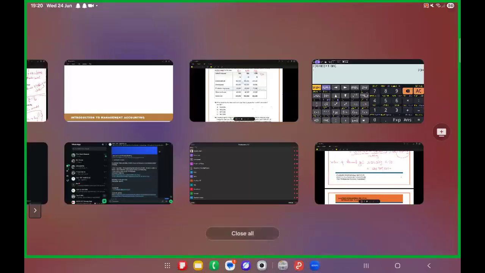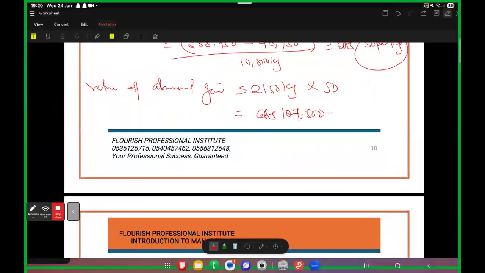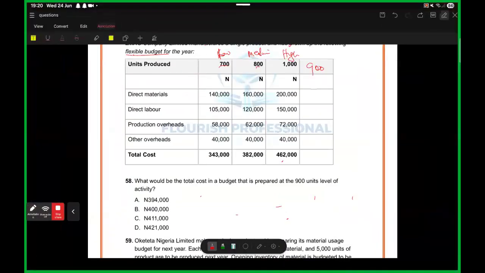So when I divide the cost over the units, I should get the variable cost per unit. We said that variable cost per unit remains constant. In the morning, we said that variable cost per unit is always constant.